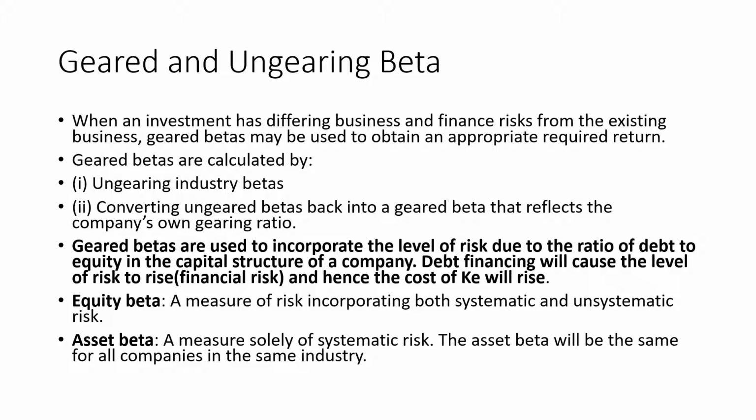Equity beta, a measure of risk incorporating both systematic and unsystematic risk. Asset beta, a measure solely of systematic risk. The asset beta will be the same for all companies in the same industry.